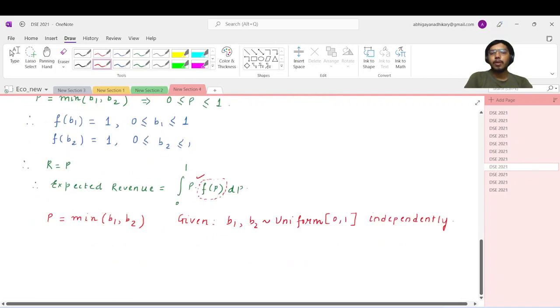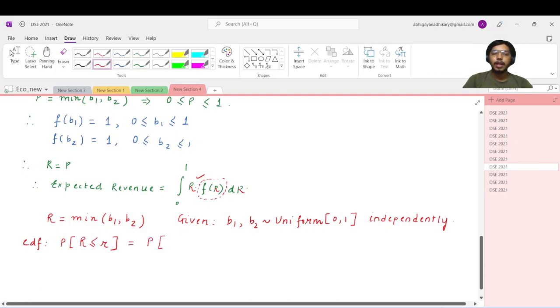Independently they follow, right? So from here we can construct the CDF. So what is the probability that this is less than, let's say, I put R only, otherwise the notations might become confusing. So make expected revenue as this. That will be better. Let's say probability capital R less than or equal to small r.